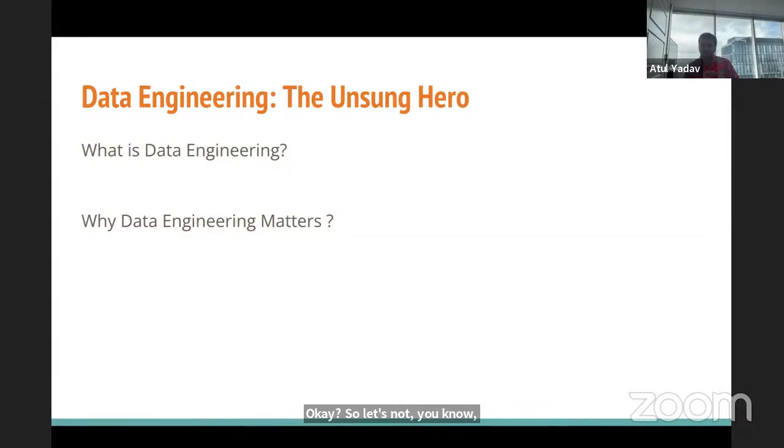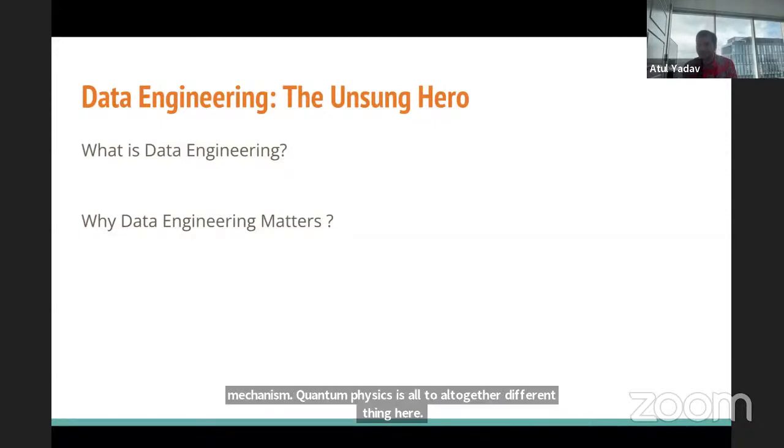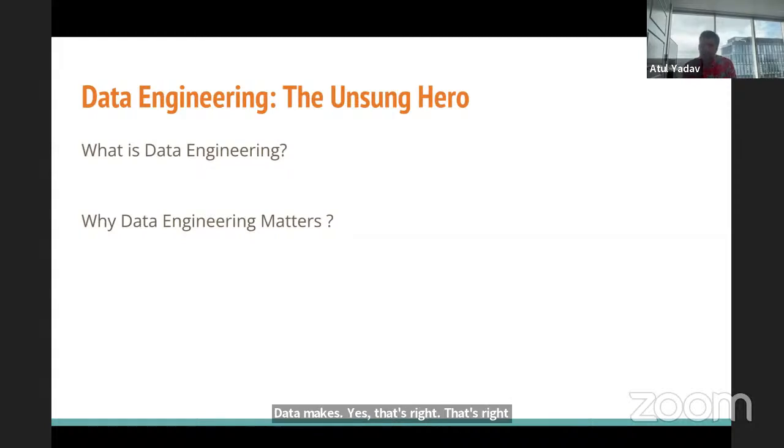Quantum computer, quantum mechanics, quantum physics is an altogether different thing. Data lakes, yes, that's right, Sumanshu. Dipankar, Google Drive, yes, that's right. File manager, not exactly.